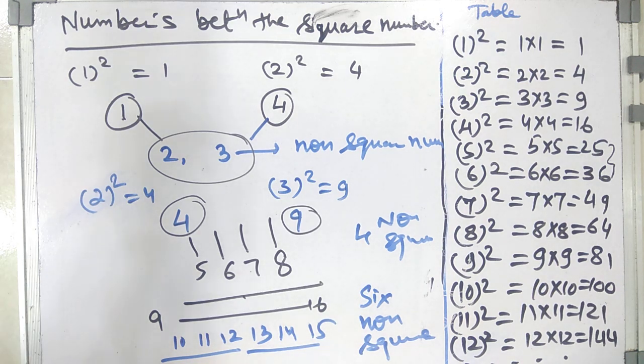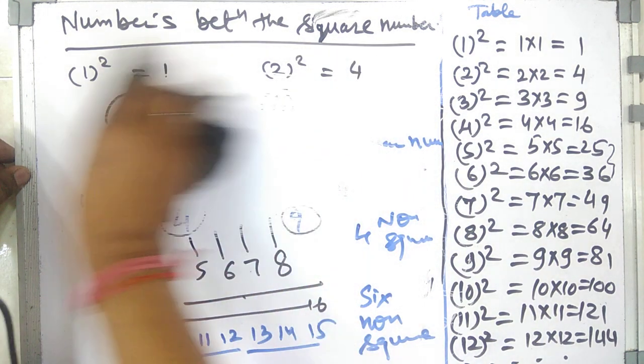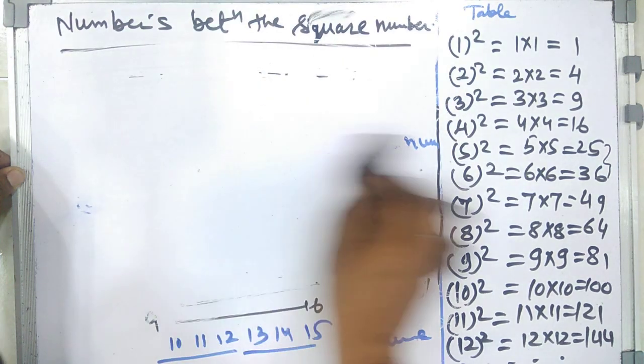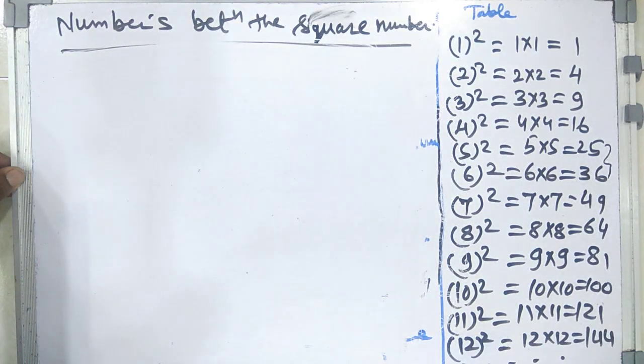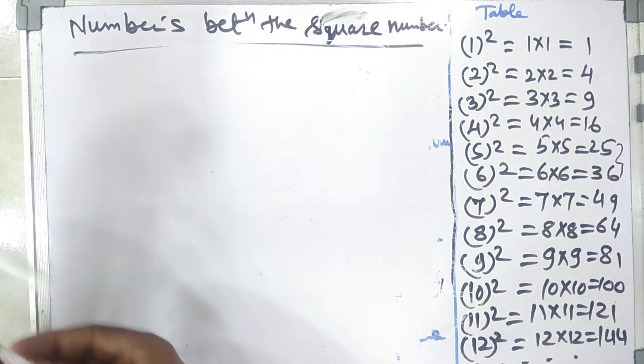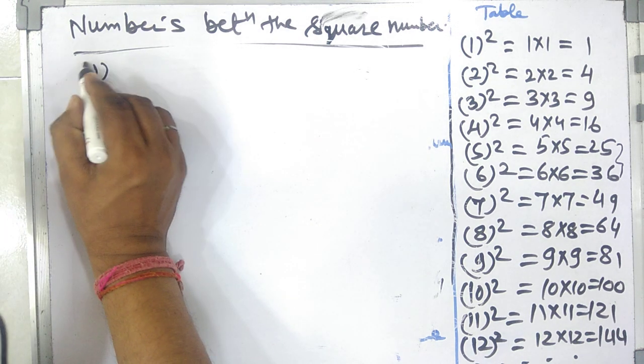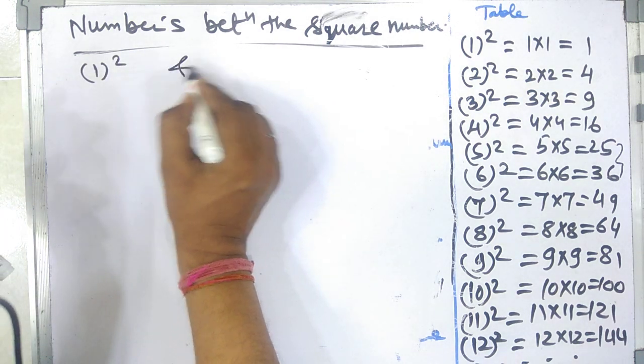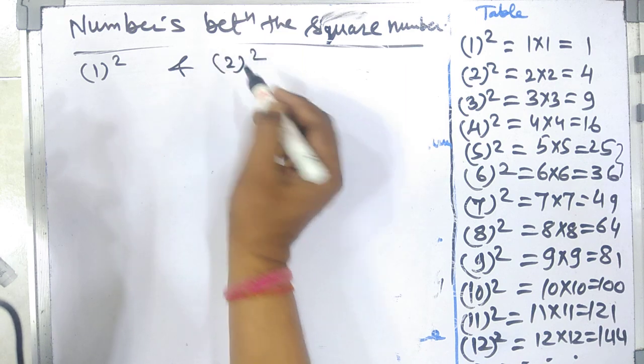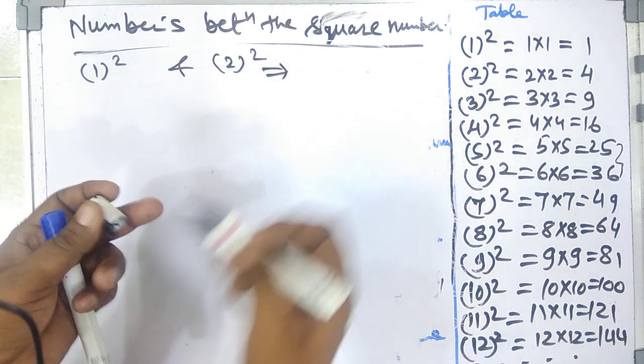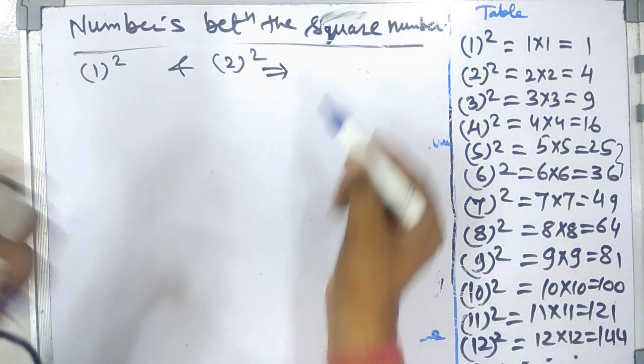Suppose that n is a number. Students, we observe that between 1 and 4, between 1 square and 2 square, two non-square numbers.